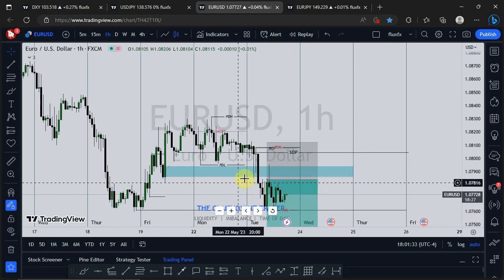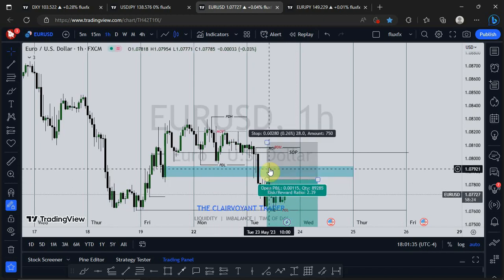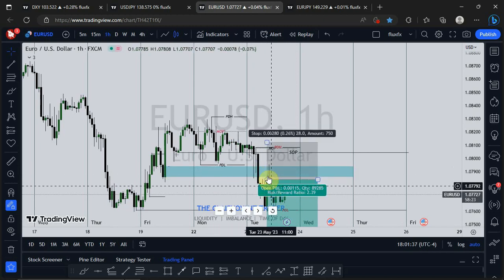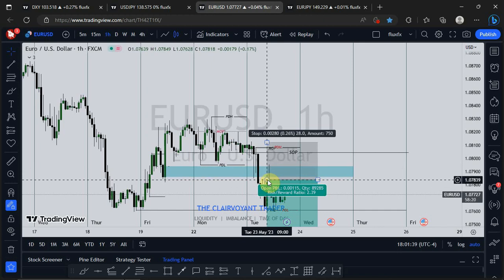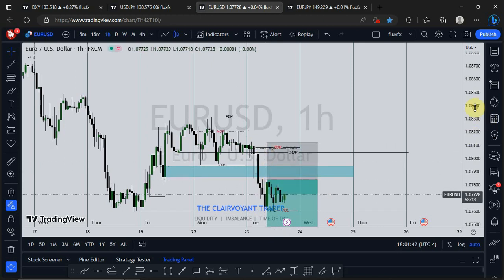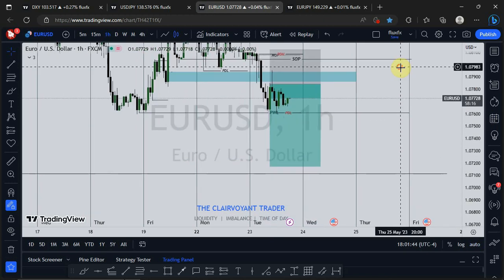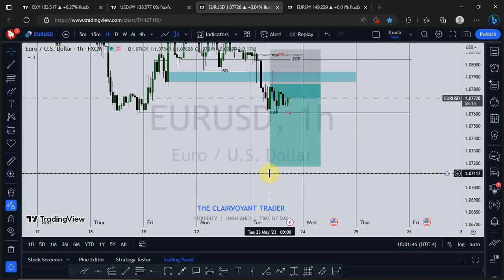Once price got here, we saw a quick rejection to the downside. So I took my entry here, stop loss here, and my TP is here. My TP is within this zone.